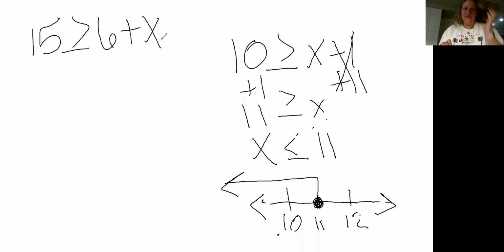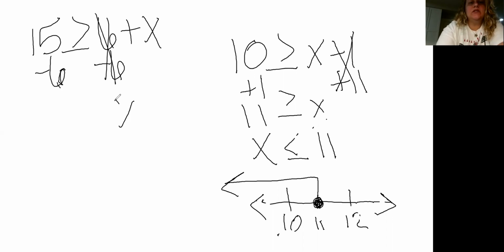Now, there's not a plus or minus in front of 6, so if there's not a plus or minus, it's automatically a positive 6, a plus 6. So we're going to do a minus 6 to get rid of it. That's just going to leave x. 15 minus 6 is 9. Again, in order to graph this using the direction of the sign, we would need to get the variable first.